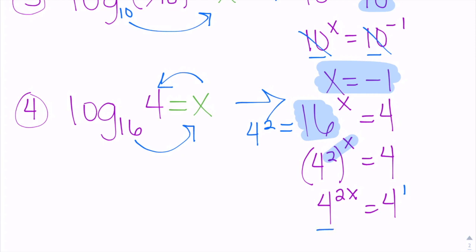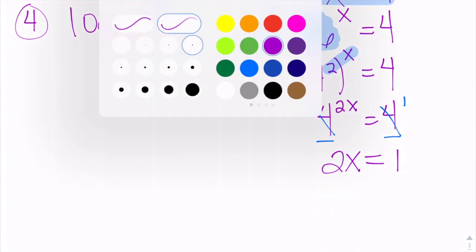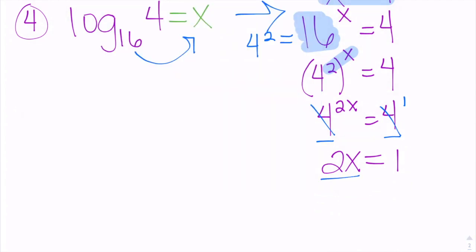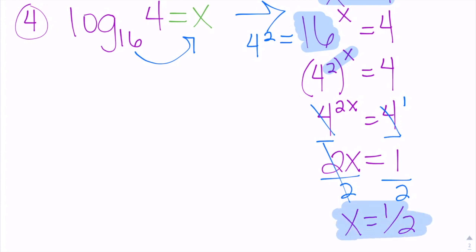And so now that we have the same base here, we ignore the bases. And so we're going to say 2x equals 1. And we have to solve for x here a little bit further than before. So now we're going to divide each side by 2. And so we get x is equal to 1/2 as our final answer.